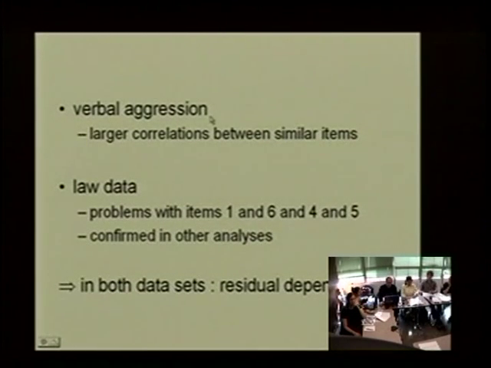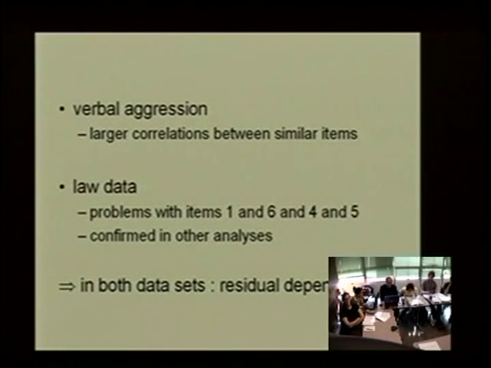But here is the conclusion from all of this. For the verbal aggression data, as we have said, there are larger correlations between items that share similar properties, like items that pertain to the same situation or items that have the same item properties.